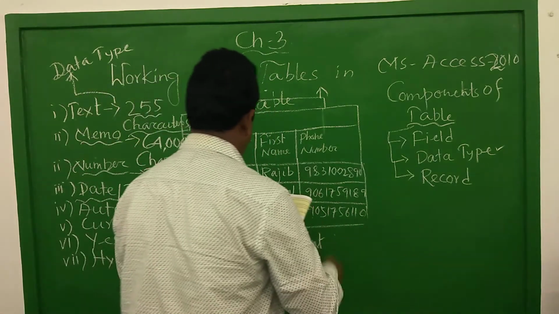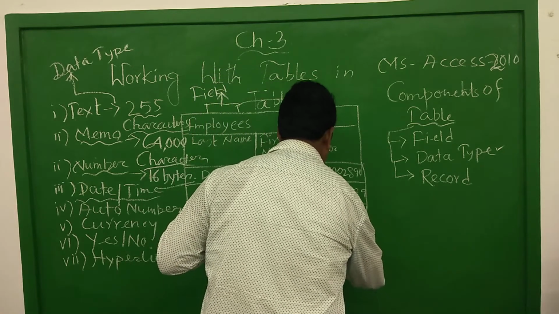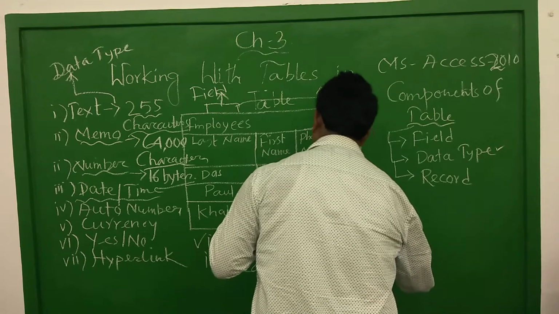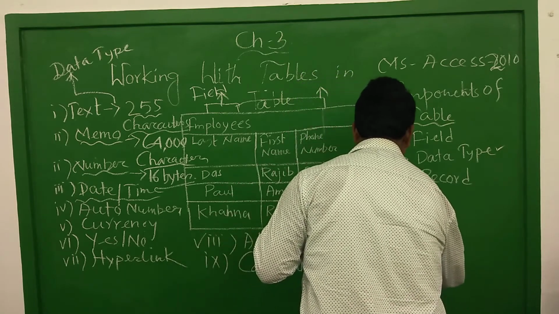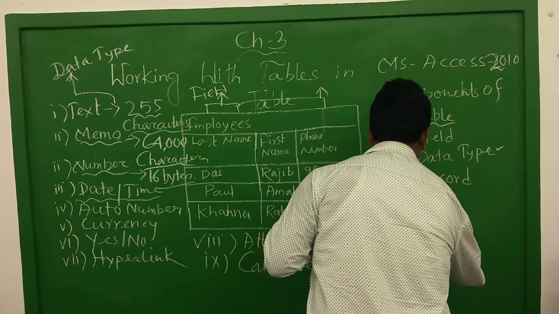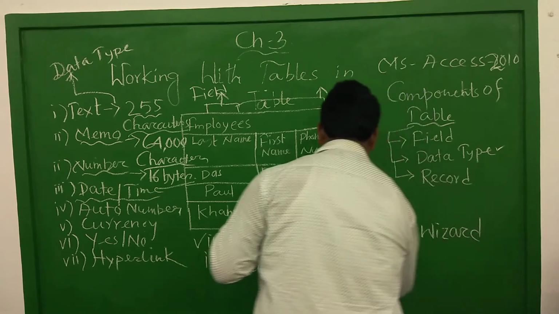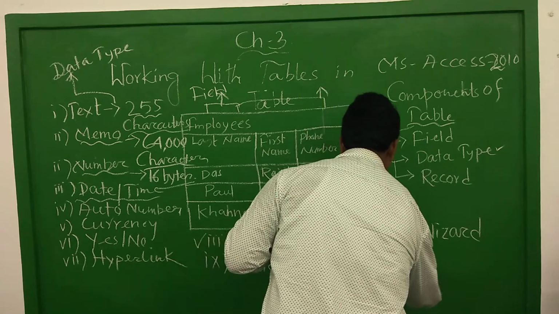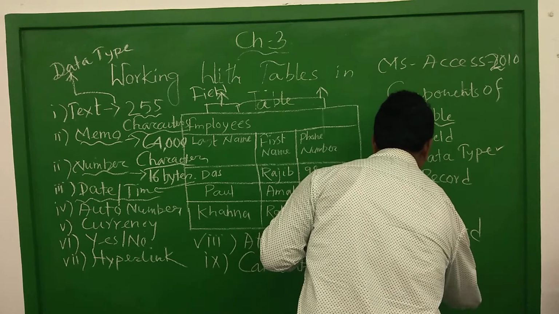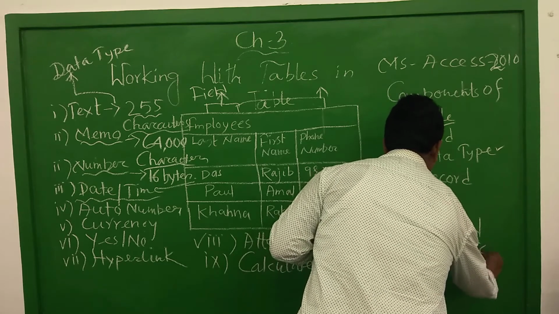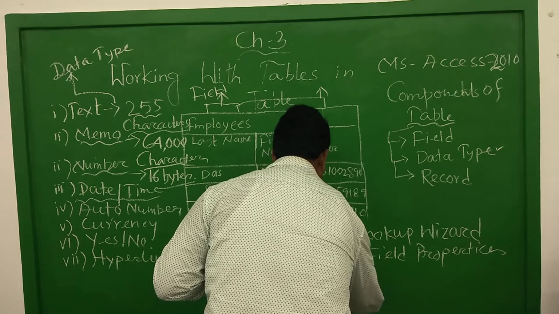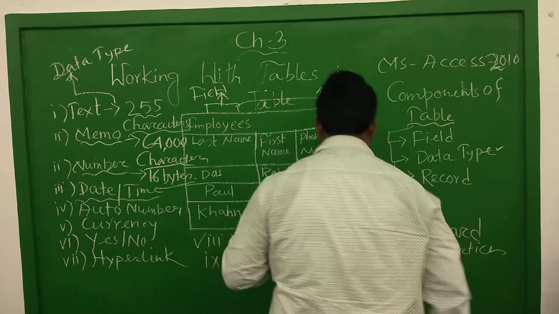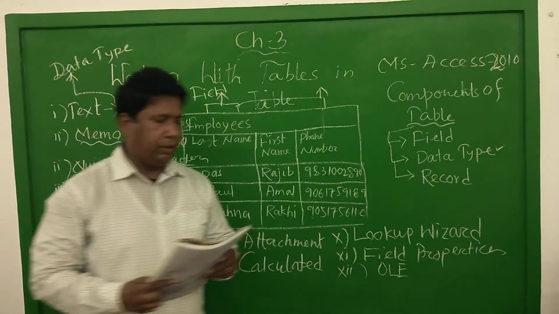Next is lookup wizard, then field properties, and last but not least OLE. I'll explain later on. Just see lookup wizard.